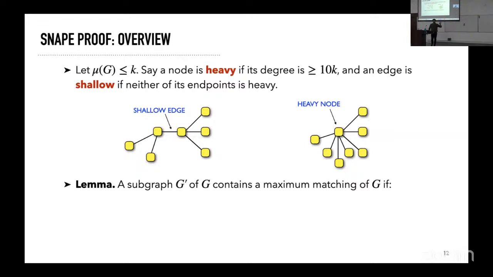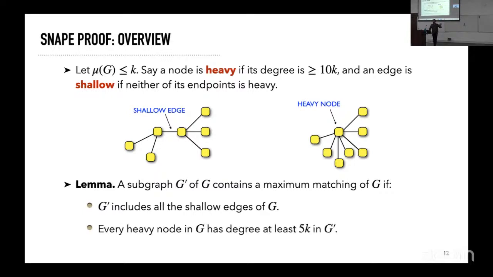This is going to be a lemma without proof that we're going to use. Suppose you get a subgraph G prime of G that satisfies the following conditions. That subgraph is guaranteed to contain a maximum matching of G. The conditions are the following. That subgraph has to include all the shallow edges of G, and every heavy node in G has to be pretty heavy in G prime as well. Okay?